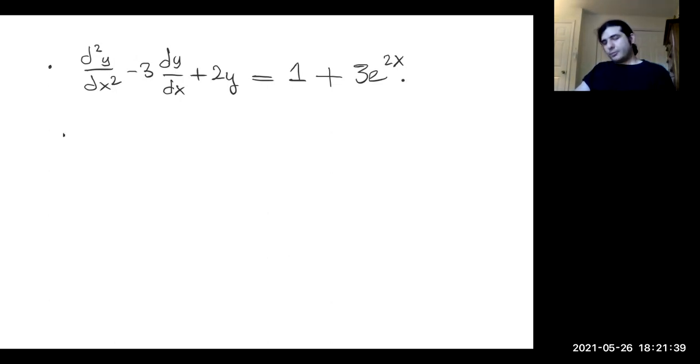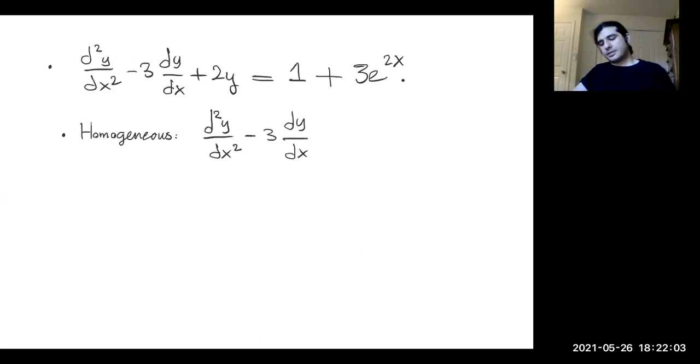Let's start again with the homogeneous part. We would have the second derivative of y with respect to x minus 3 times the derivative of y with respect to x plus 2y is equal to 0.